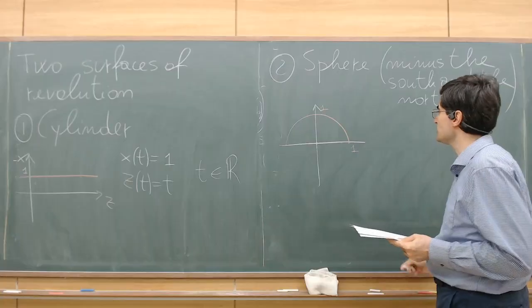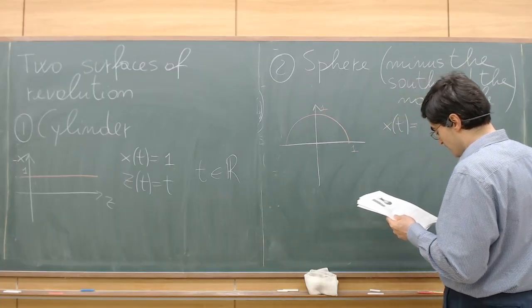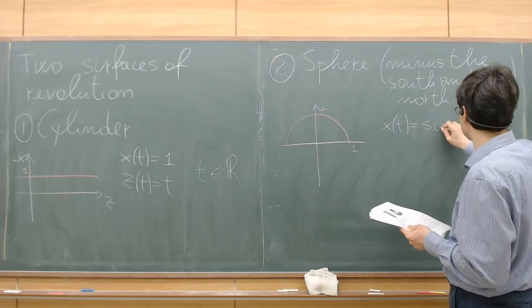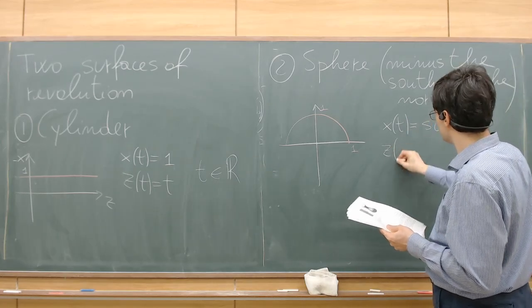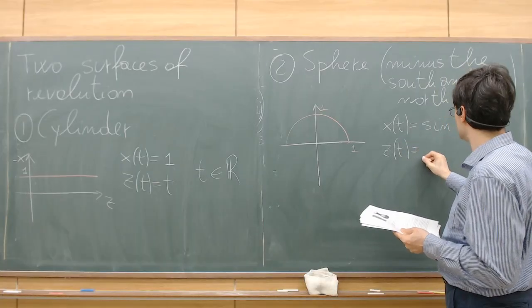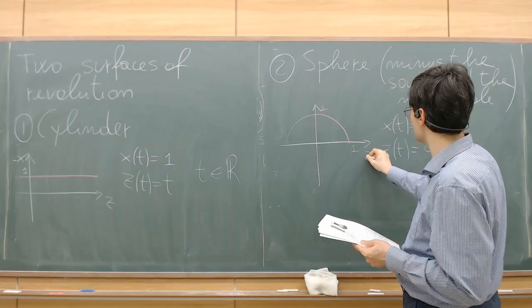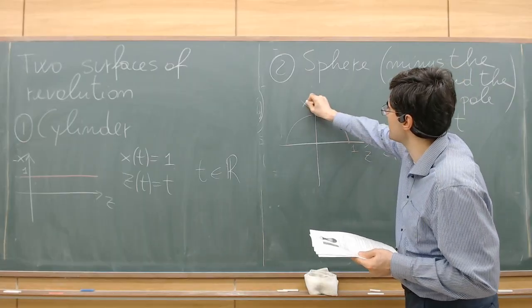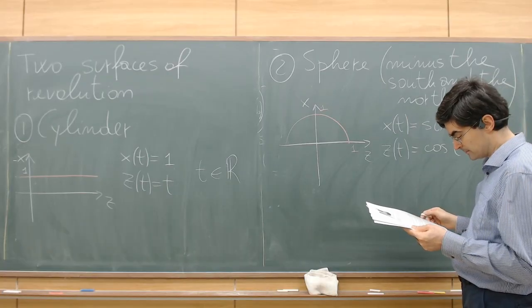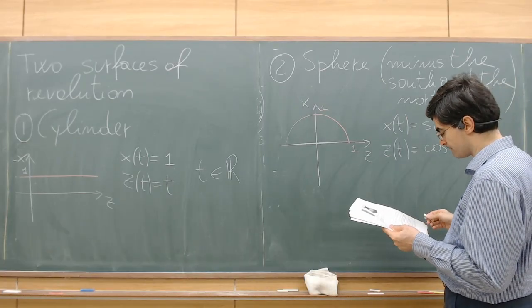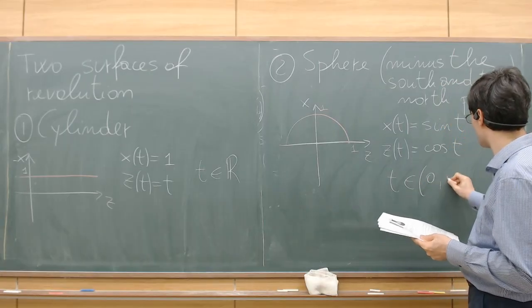So you can choose x of t to be sine of t and z of t equal cosine of t. So remember, the z-axis is the horizontal one and the x-axis is the vertical one. And you can take t in (0, pi).